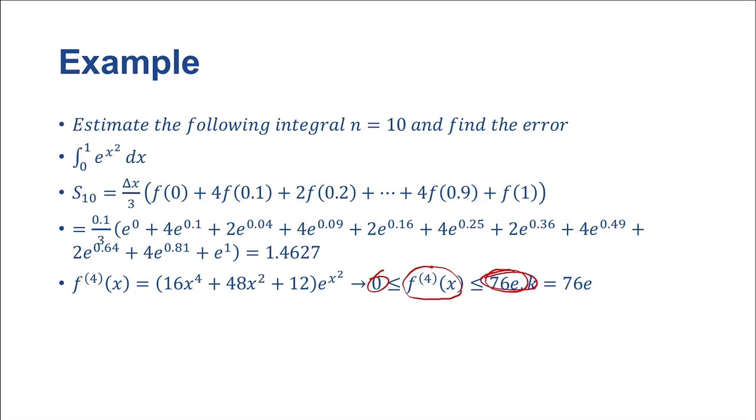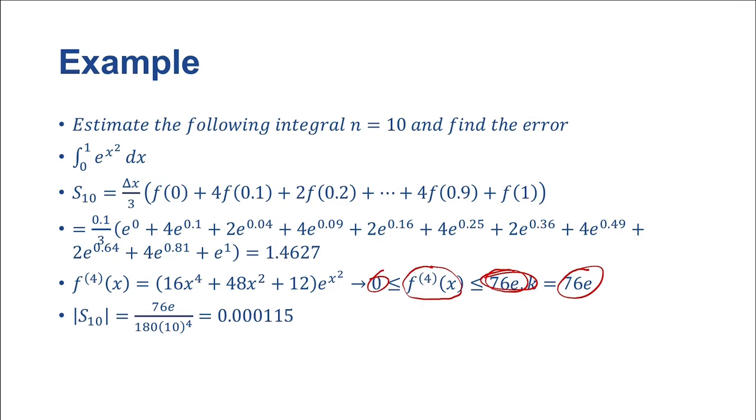Thus, for the high value of our derivative, we're setting k equal to 76e. So now that we've done that, we can plug in. So the error is less than or equal to 76e over 180 times 10 to the fourth, which is equal to 0.000115.